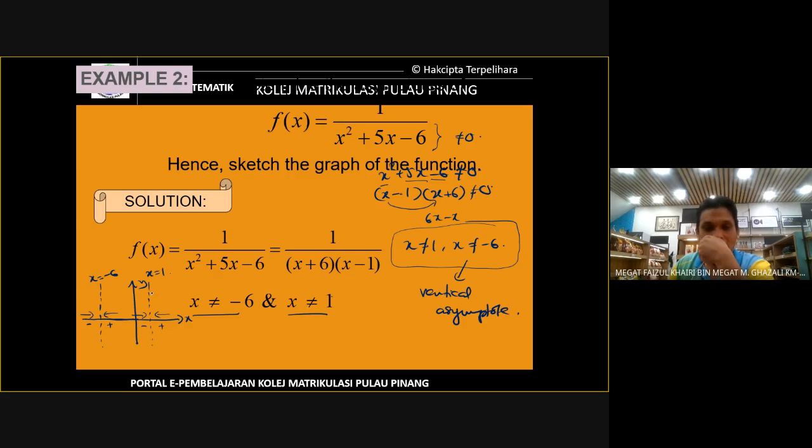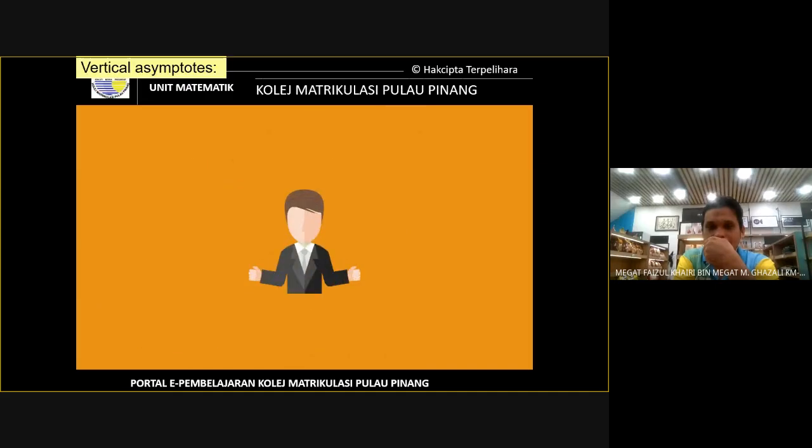Up, down, or up and down, we need to find out. The domain also tells us that x cannot be equal to 1 and x cannot be equal to -6. So this is the domain. This is the one that we're going to find out.